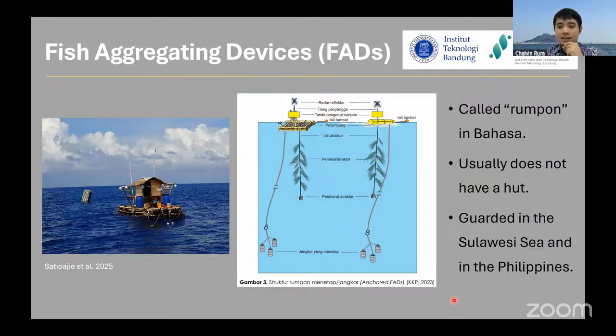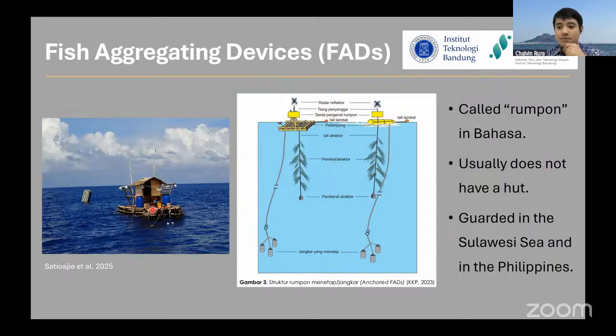But maybe the unique thing in Indonesia is some locations they have huts where people can live. So here you can see in the picture on the left, there's a hut, and a single man or boy will stay here for months. Why do they do that? This practice, I think, is not only in Indonesia.